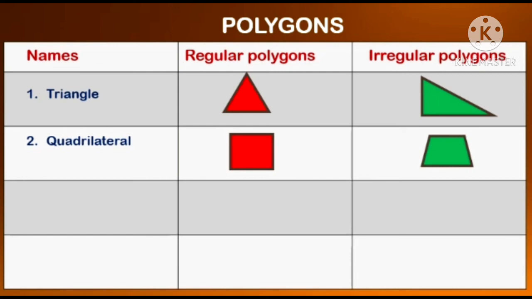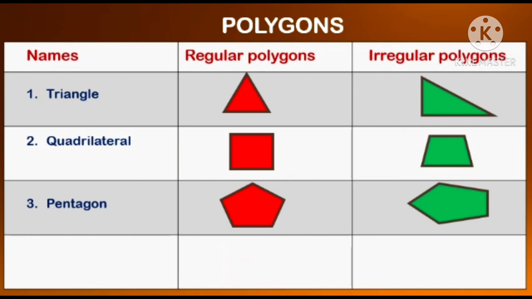Okay. Then next is the five-sided polygon, that is the pentagon. Here a regular pentagon means five sides and five angles are equal. Then an irregular pentagon means five sides and five angles are not equal. Next is the hexagon.